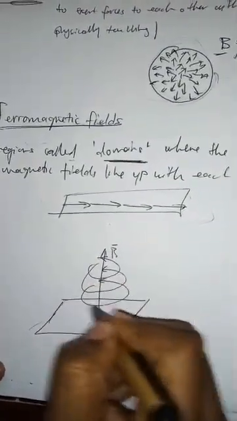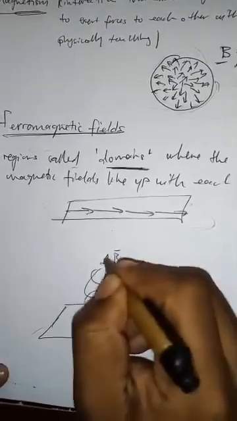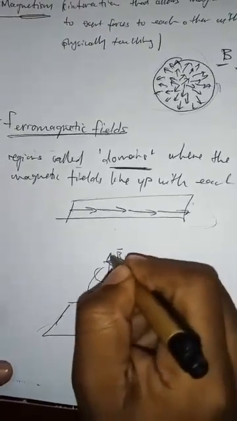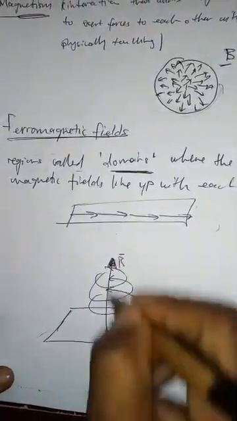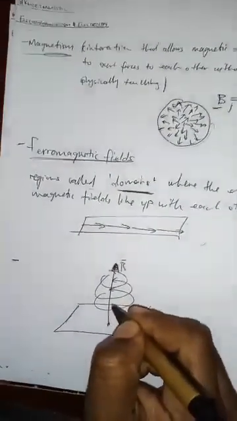The direction of the magnetic field, where it is induced by a current, is always perpendicular to the direction of the current.